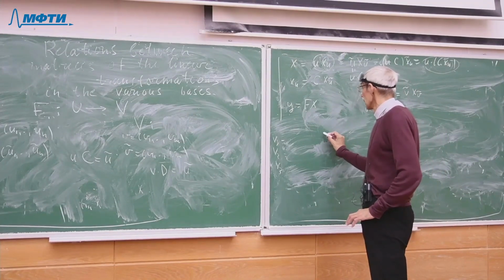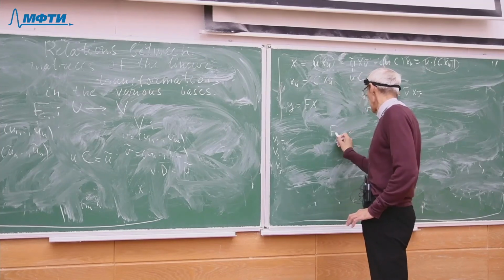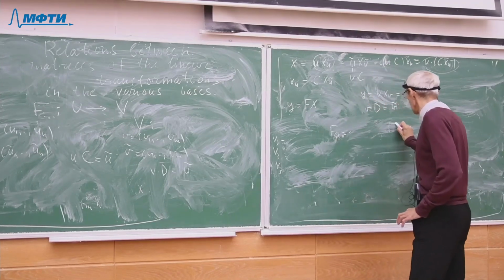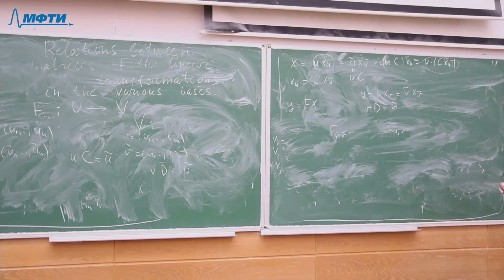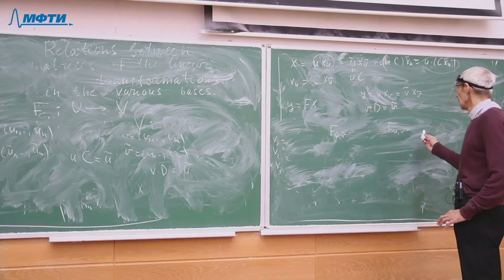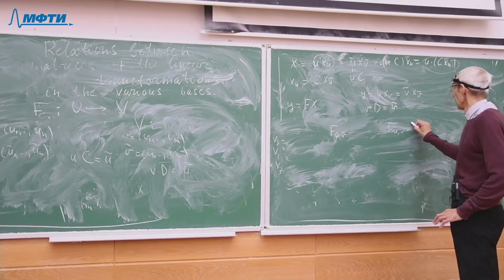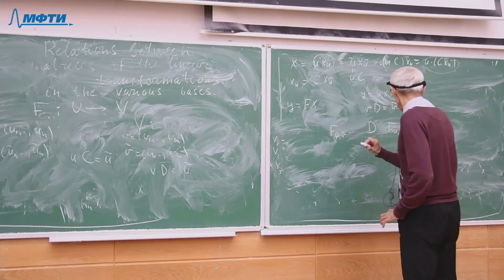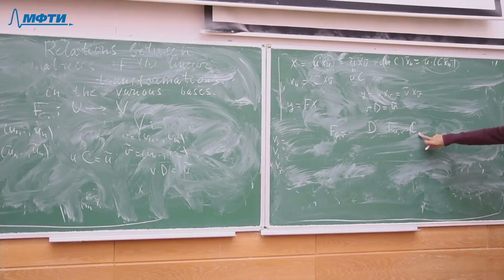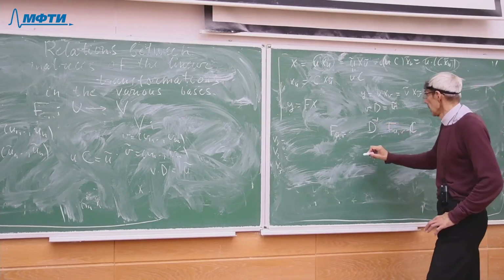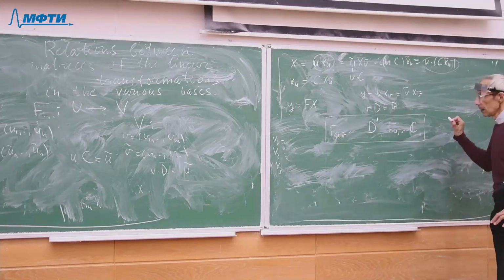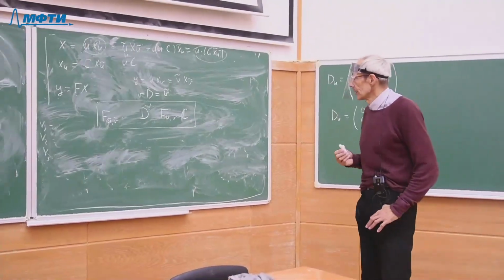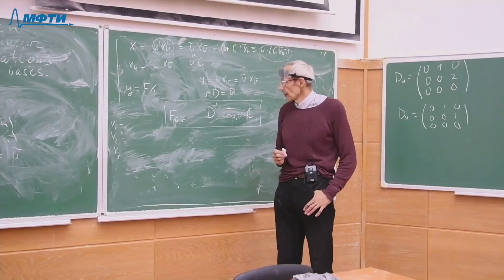The expression is the following: F in the bases U tilde, V tilde and F in the bases U, V, with matrices C and D. The answer is the following, but in detail we will consider this relation in the next lecture.